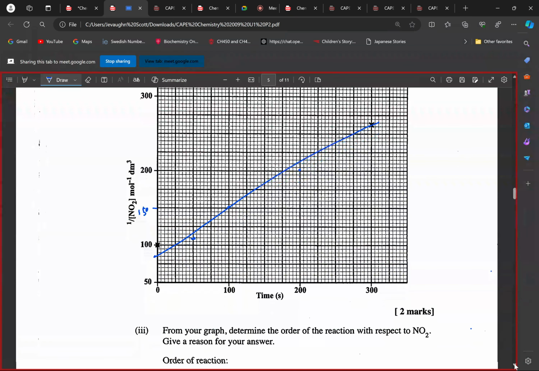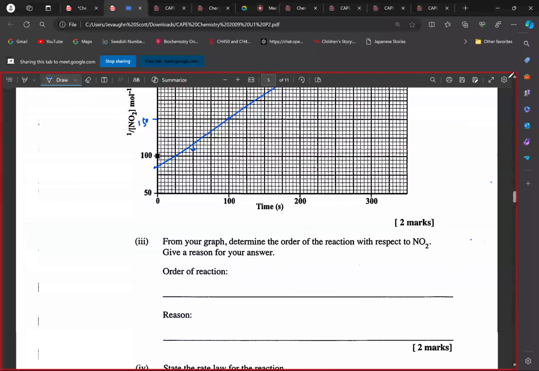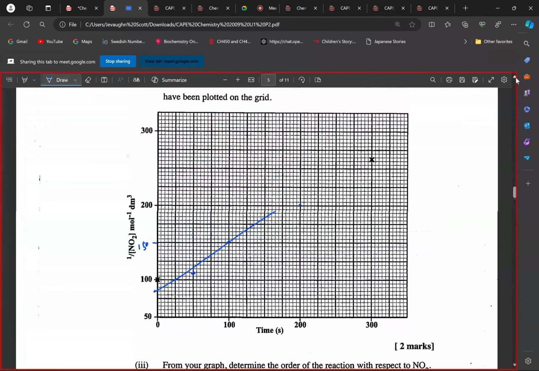All right. Now, from your graph, determine the order of reaction with respect to nitrogen dioxide and give a reason. Determine the order. This is interesting because I have a feeling that we may use a certain rate law. Any ideas?